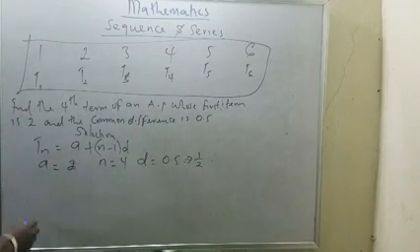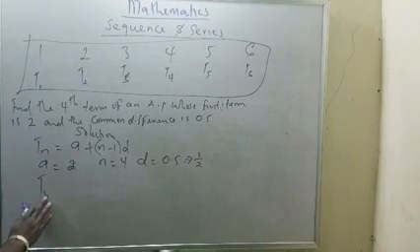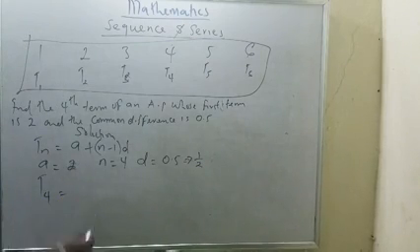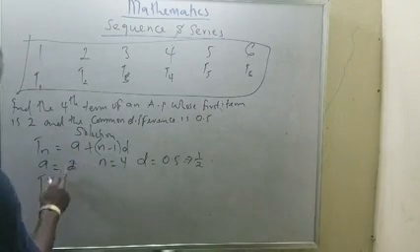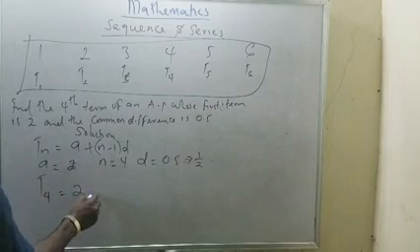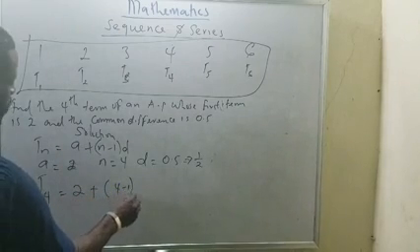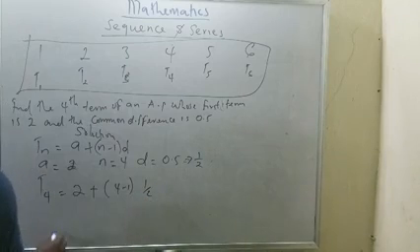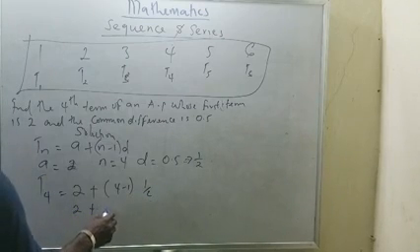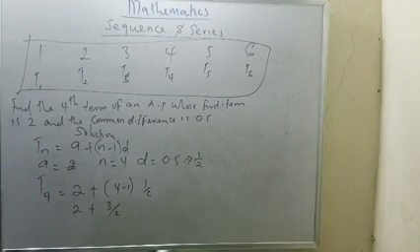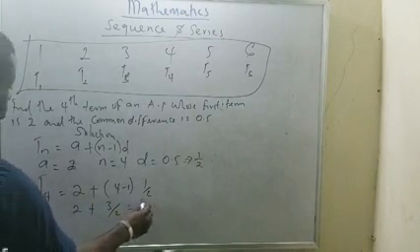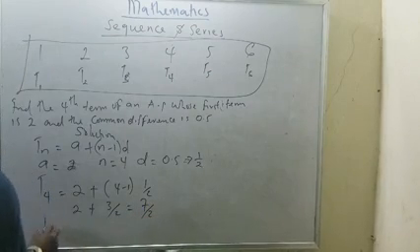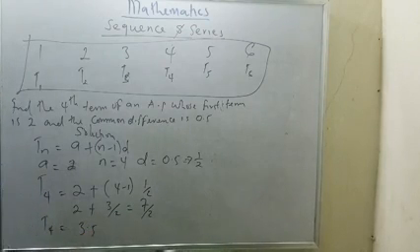Position 4, it means I have 2 plus (4 minus 1) times 1 over 2. So I have 2 plus 3 over 2, which is 7 over 2, my T of 4. It will be equal to 3.5.